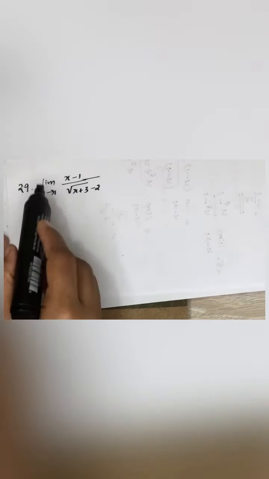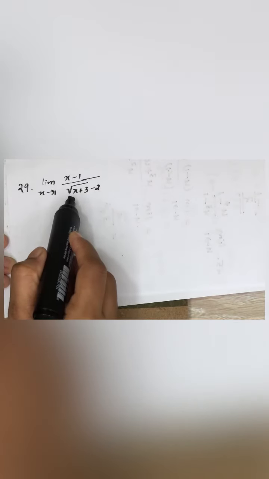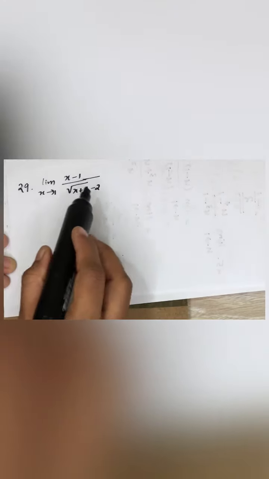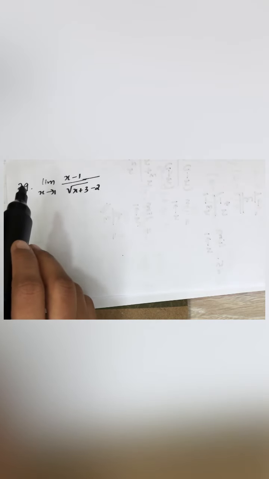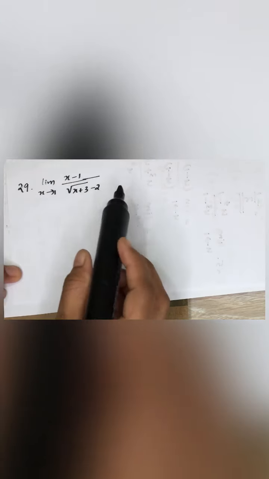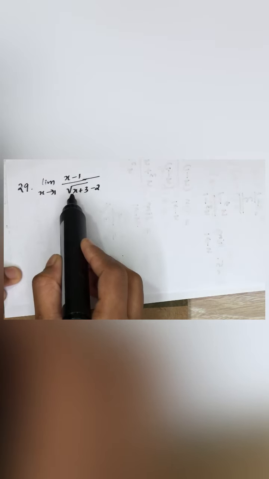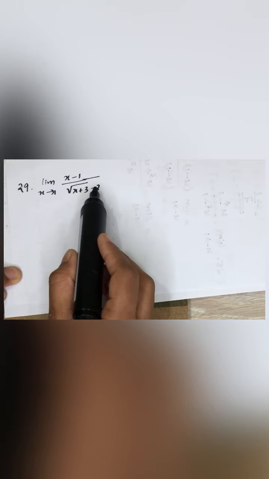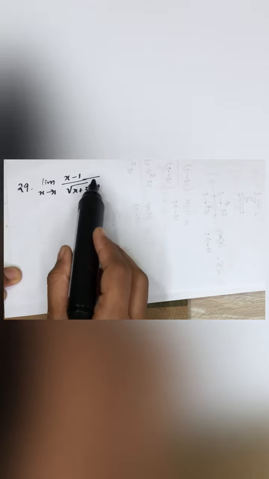Last question, limit x tends to 1, (x minus 1) by (root of x plus 3 minus 2). This is an irrational function. So, in case of an irrational function, just multiply and divide by the conjugate of the denominator. Here, the denominator is root x plus 3 minus 2. So, the conjugate is root x plus 3 plus 2.